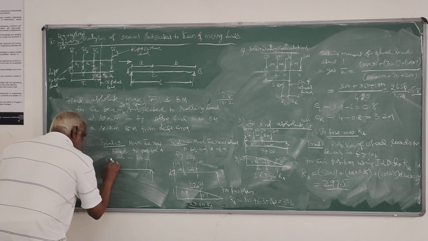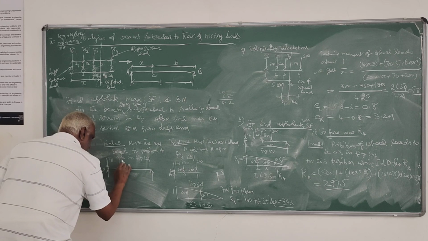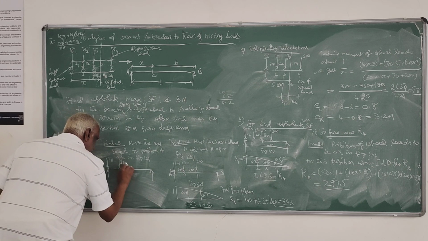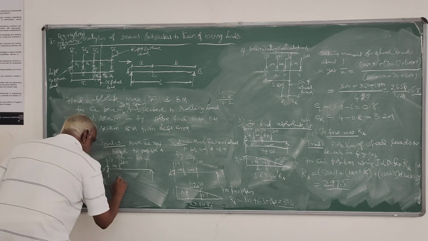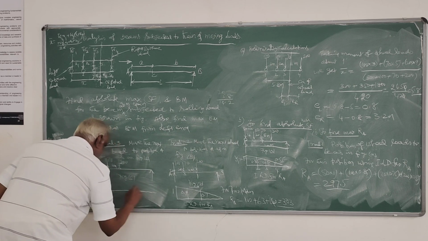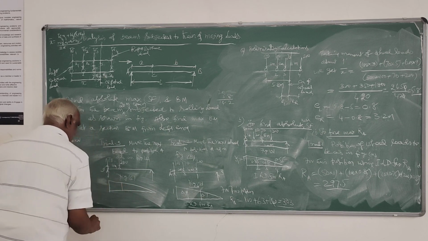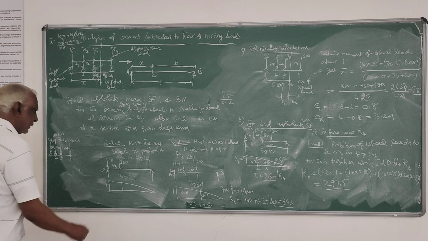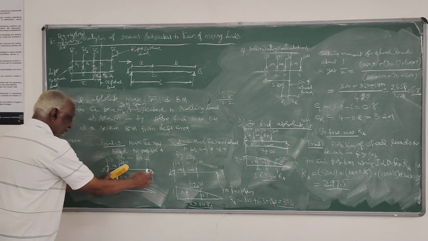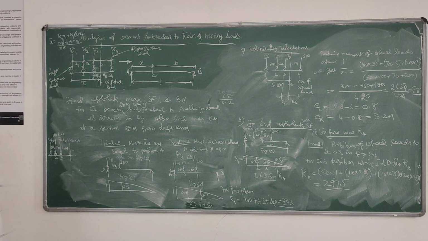So now 70, the third wheel load, will come. This is the fourth wheel load, 200, at 4 meters. This is figure C. For this position, you have only 2 ordinates. One is this, another is this. This is 1. This is 16. 16 into 0.05 is 0.8.